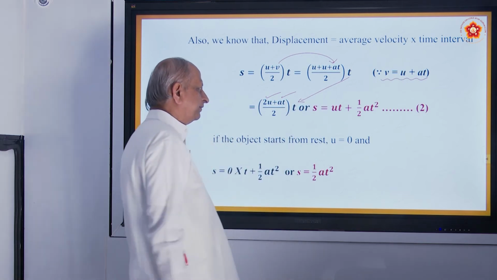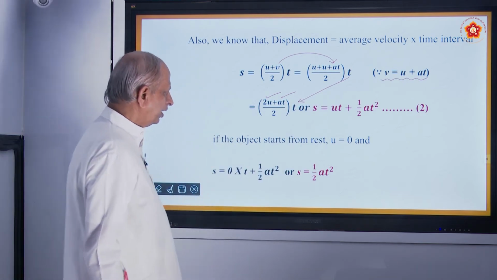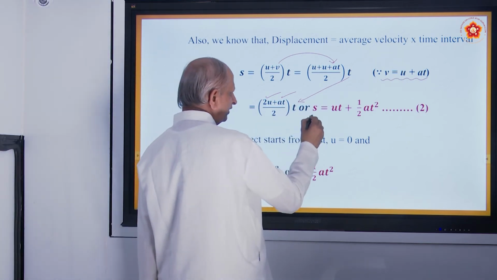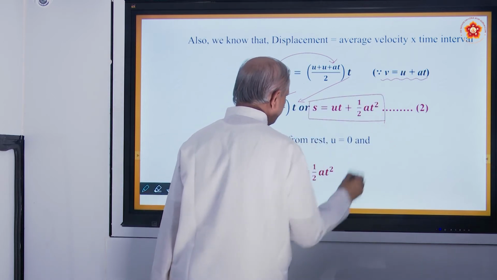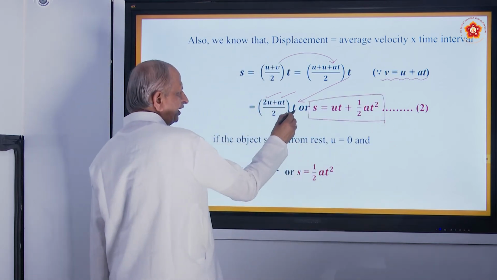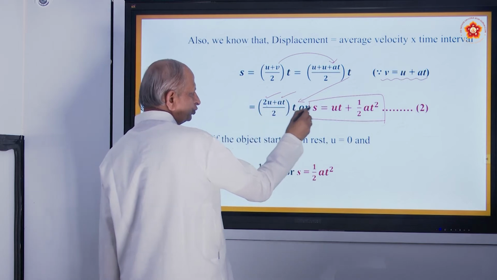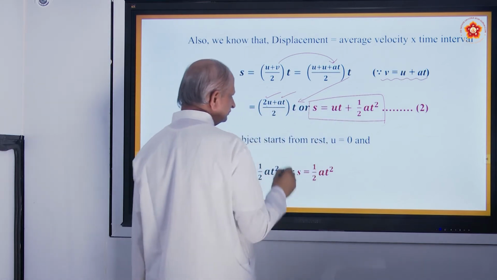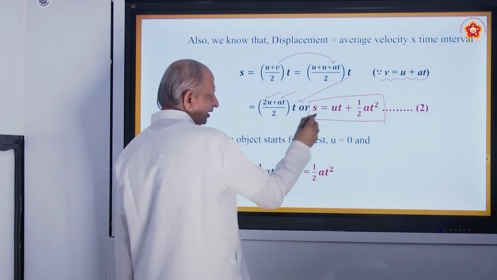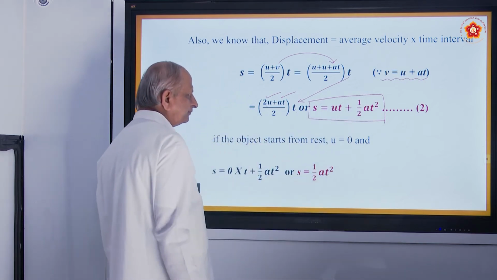Or shortly you can write s is equal to ut plus, t into 2u becomes 2ut, at into t, at square. When you divide by 2, it becomes ut plus half at square.